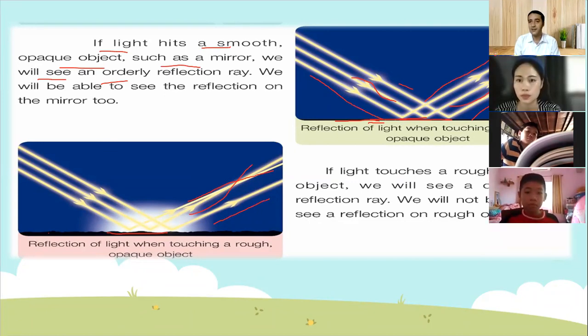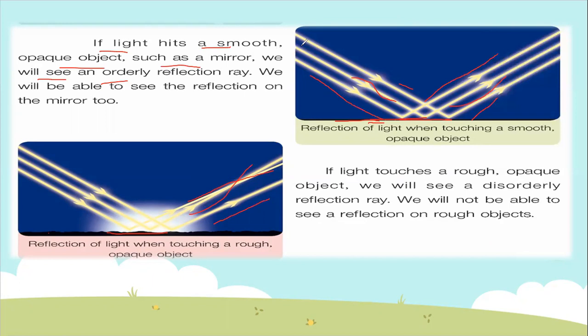Number one, if the light hits a smooth surface of an opaque object, like a mirror, it will not absorb the light, it reflects. It always reflects.